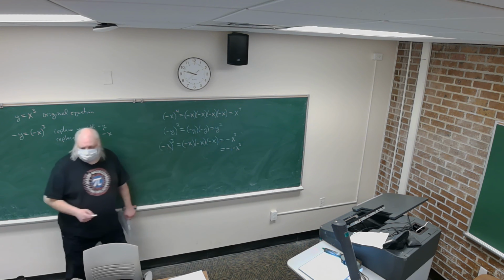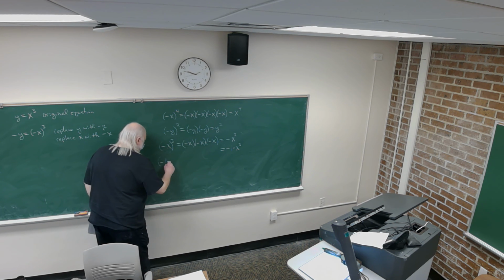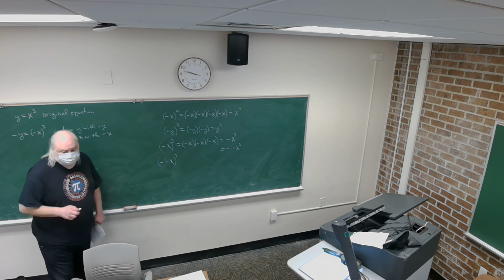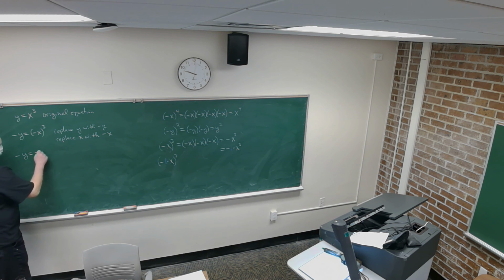This over here is minus 1 times x raised to the third power. It's not exactly the same thing. So minus x raised to the third power is the negative of x cubed.